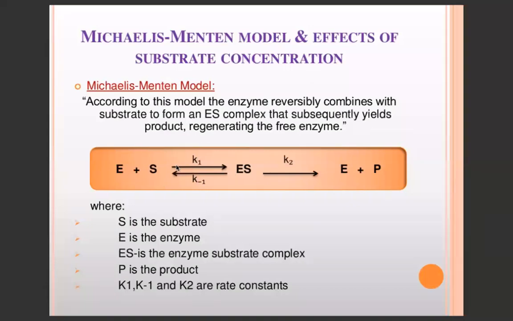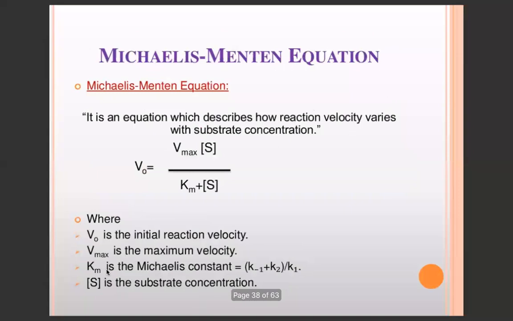This reaction is denoted by K1, this is by K2, and this is by K minus 1. This equation, K minus 1 plus K2 divided by K1, is denoted by Km, which is the Michaelis constant. This is simple. Remember how it is derived. It is a very long topic and it is related to biochemistry.